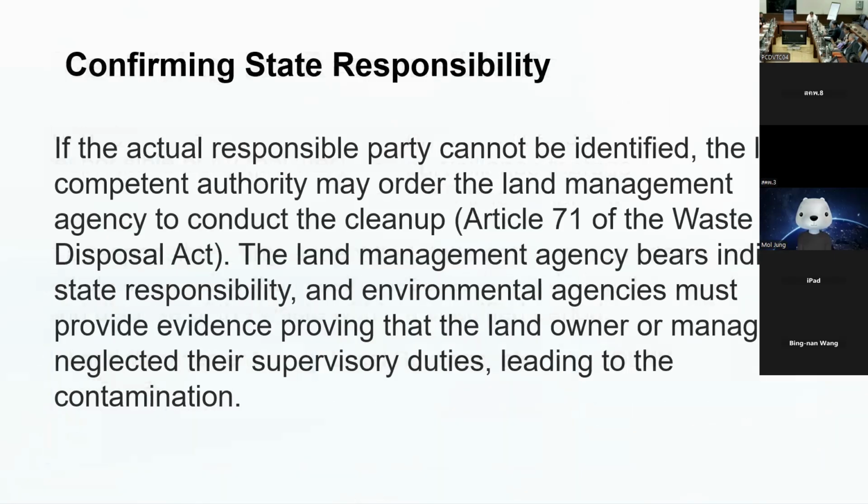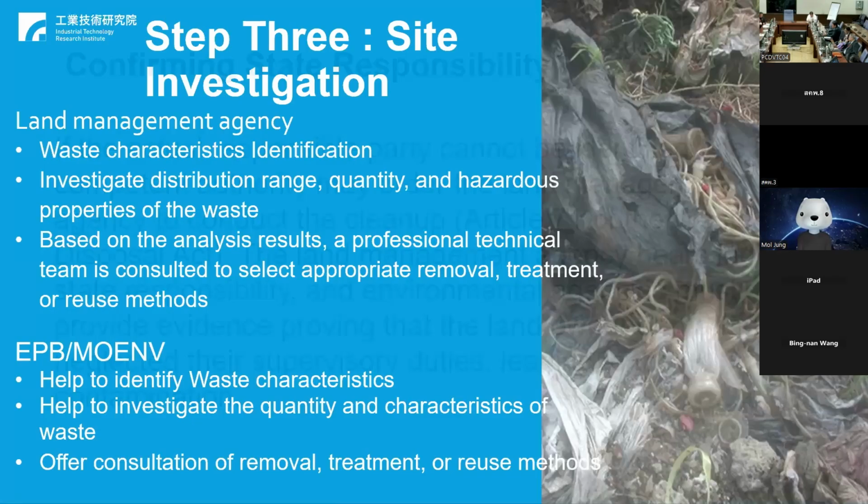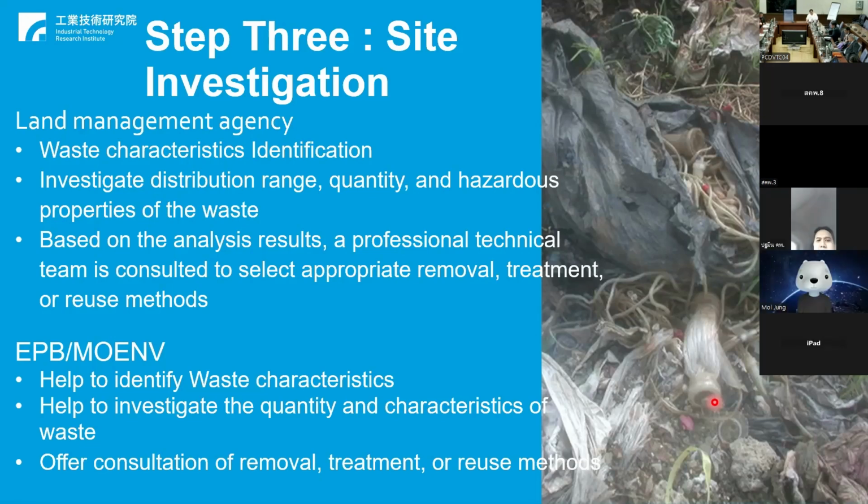For step 3, the site investigation. The land management agency will investigate the waste characteristics, distribution range, quantity, and hazardous properties. Based on the analysis, a professional technical team is consulted to select appropriate removal, treatment, or reuse methods.